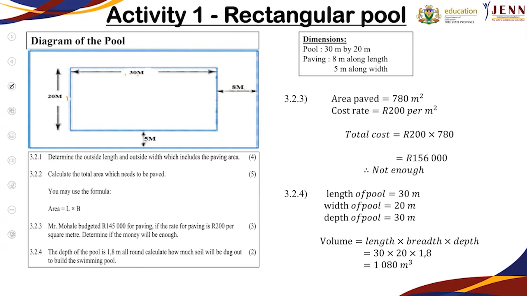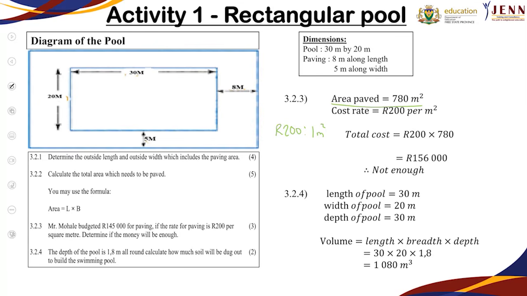What is given is that in the previous question, we have said the area that needs to be paved is 780 square meters. Now they tell us for every 1 square meter, you are going to pay 200. Now I want to know for 780 square meters, how much are you going to pay?